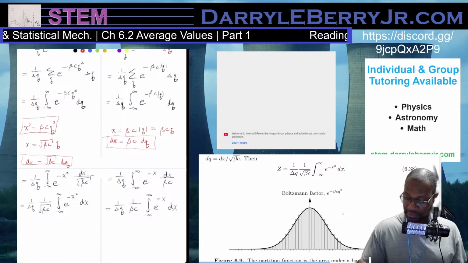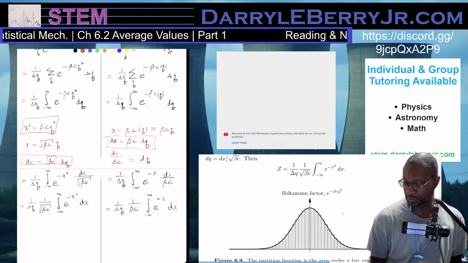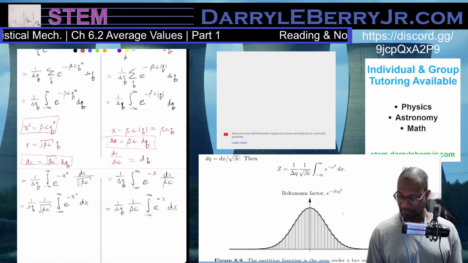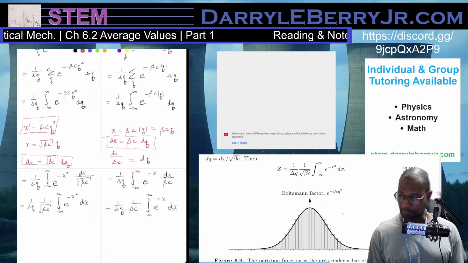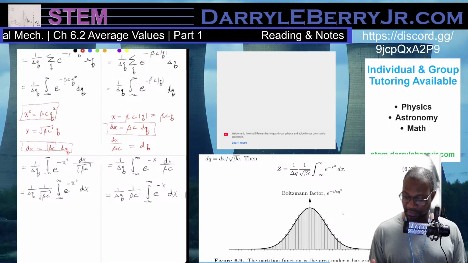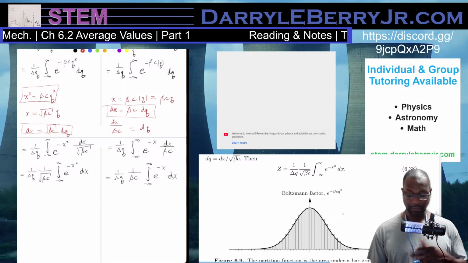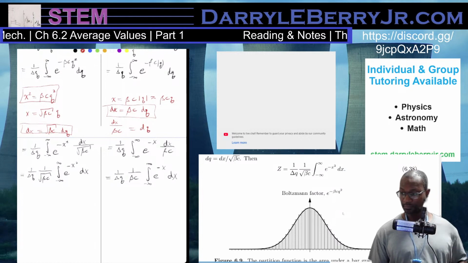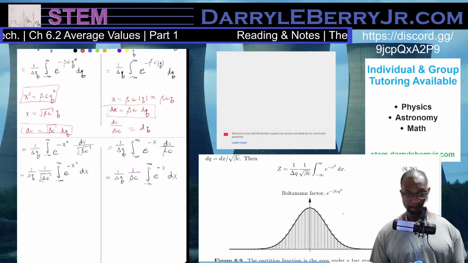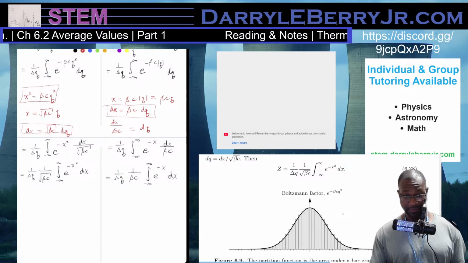And actually, I could show this explicitly on this side. dx over bc equals dq. Right. So that's the Boltzmann factor.